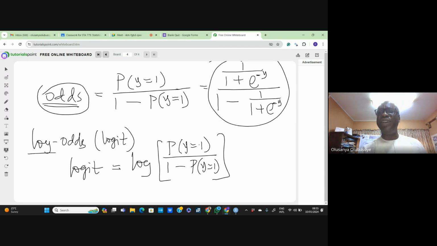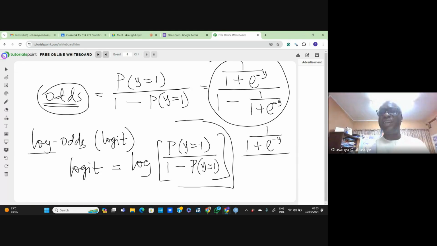Has anybody been able to resolve this? If you look at this expression, this is 1 all over 1 plus e raised to minus y, over, you know, this is a fraction here.